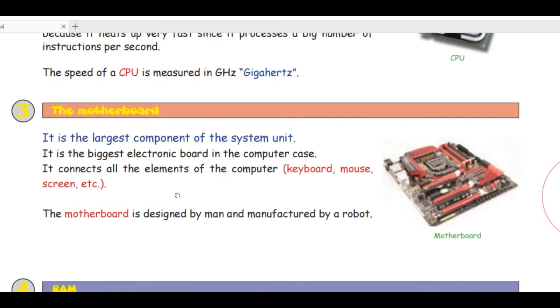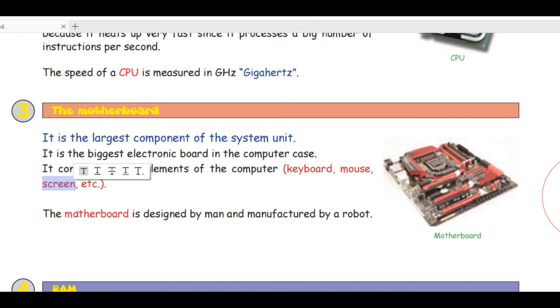The motherboard will be the next hardware element to explain to your students, and all they need to memorize from this is that it is the largest component in the system unit, and its role is to connect all the elements of the computer, like the keyboard, the mouse, the screen, etc. And the third thing they should know is that the motherboard is designed by a human being and manufactured by a robot, since it is very complicated to be manufactured by a human being.